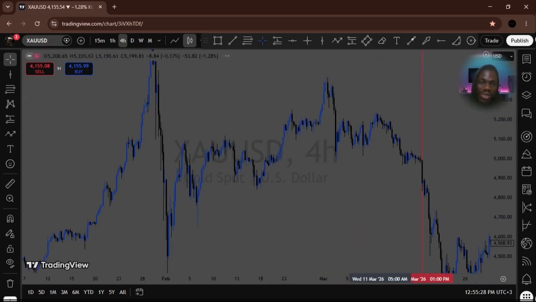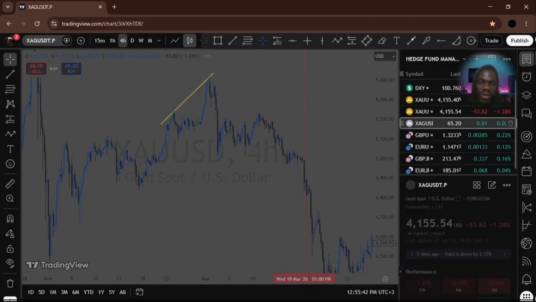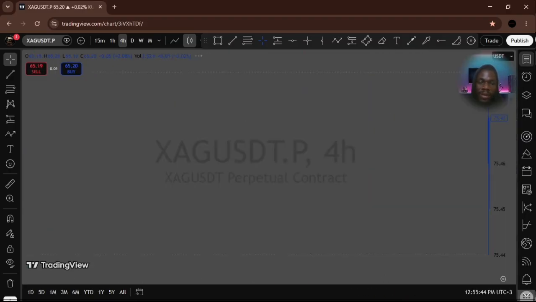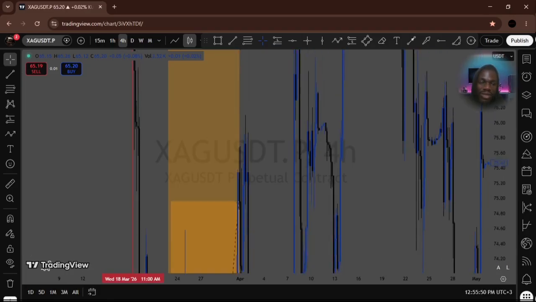We could also see things like this. So around here we are seeing the market is moving like this. Around here also the same thing. Maybe we could see the market moving like that also. So that's the most important thing.